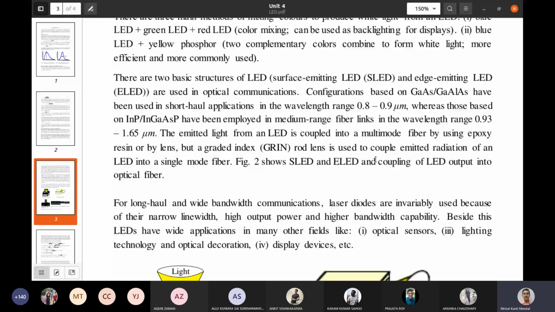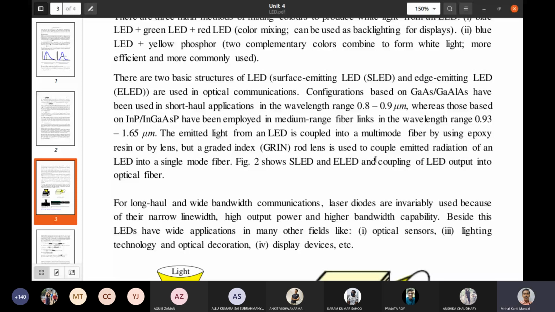This can be coupled with the optical fiber by using some index matching liquid or index matching fluid, that may be epoxy resin or lens or graded index rod lens, that can be used for matching the refractive index or to couple the light from the LED to the fiber.